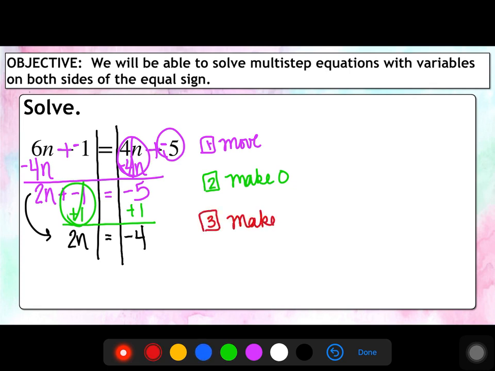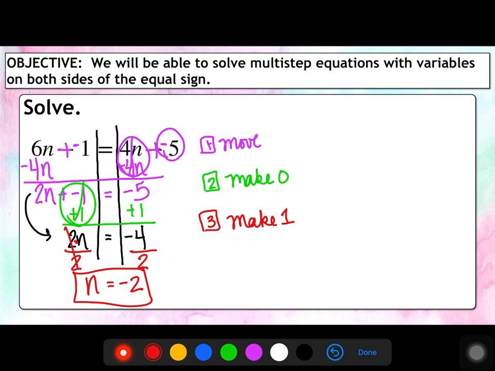And then we're going to make 1. This is multiply, so to undo multiply, we're going to divide both sides by 2. And n equals negative 4 divided by 2 is negative 2. So the answer is n equals negative 2.